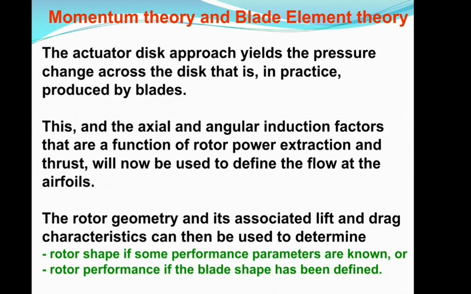The axial and angular induction factors, which are functions of rotor power extraction and thrust, will now be used to define the flow at the airfoil. The rotor geometry and its associated lift and drag characteristics can then be used to determine the rotor shape if some performance parameters are known, or rotor performance if the blade shape has been defined.